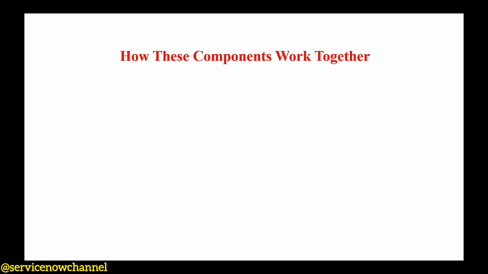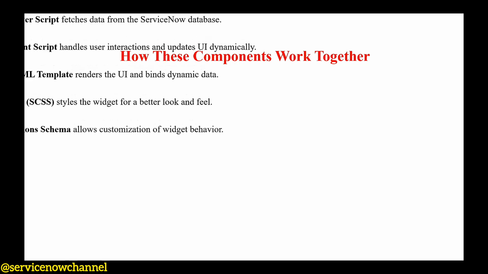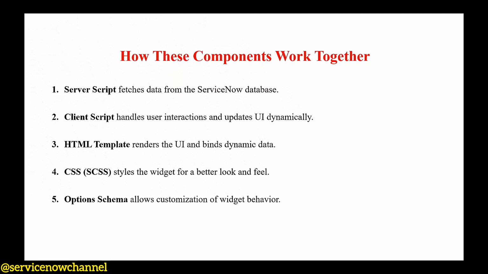Next, let's see how these components work together in a widget. We have seen seven components, right? Let's take the first one, server script. As we said before, the server script fetches data from the ServiceNow database. The second one is the client script, which handles user interactions and the UI dynamically.